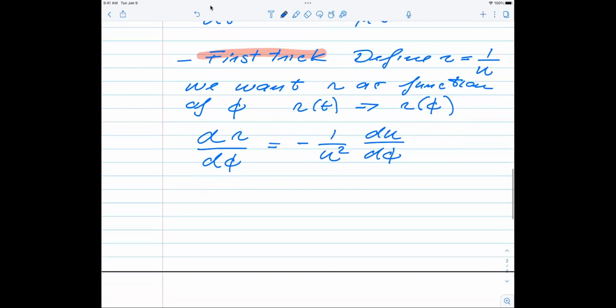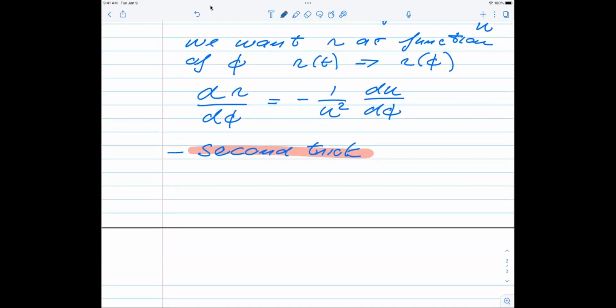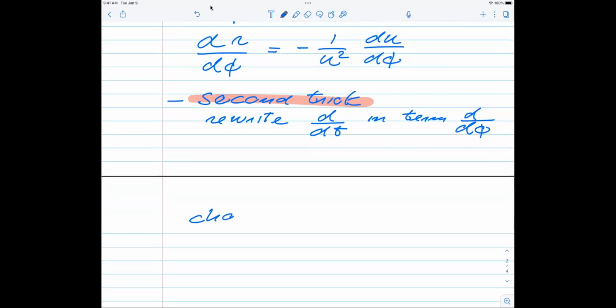So the next trick is actually to rewrite the time derivative in terms of a derivative with respect to the angle phi. So rewrite d dt in terms of d phi. And this is again just the chain rule, which I guess you are pretty familiar with.